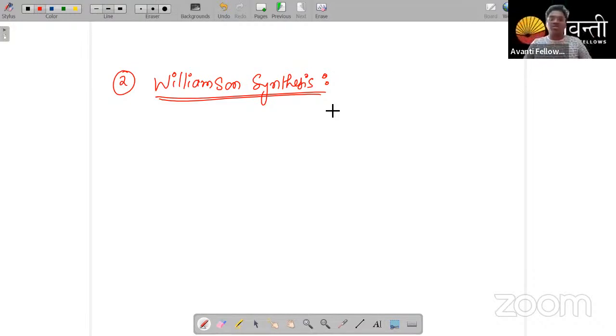Tell me in the chat box, what is the reactant and the reagent in the Williamson synthesis? How do you do the synthesis?